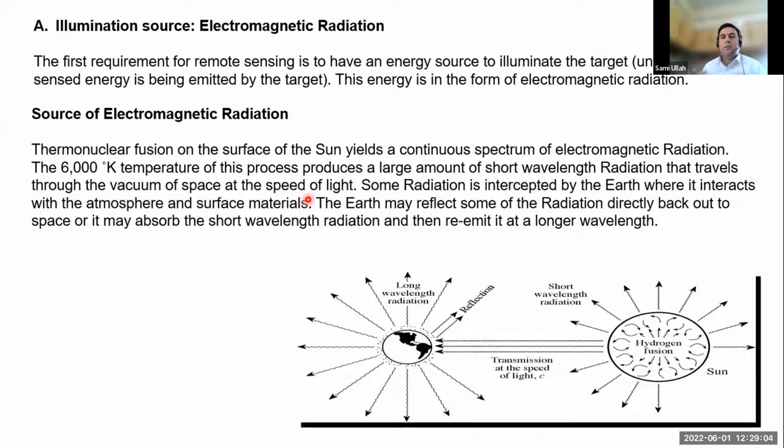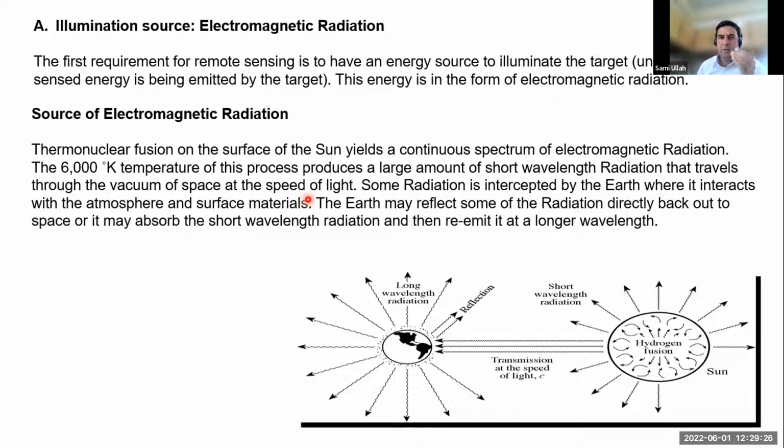So the sun continuously emits electromagnetic radiation, and this radiation is coming towards the Earth, but before that it has interaction in the atmosphere, and some of the radiation goes back. We'll discuss in detail after that, and some passes through.